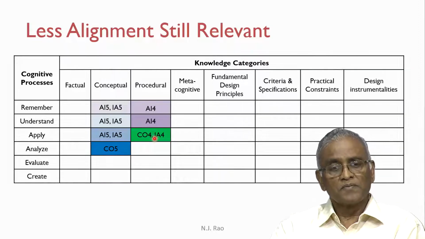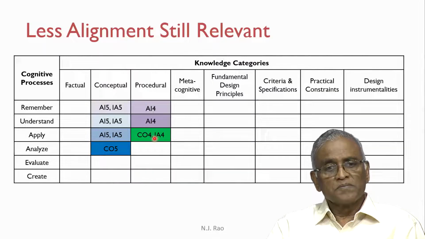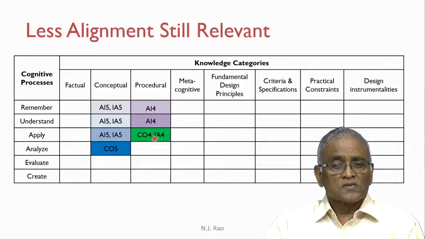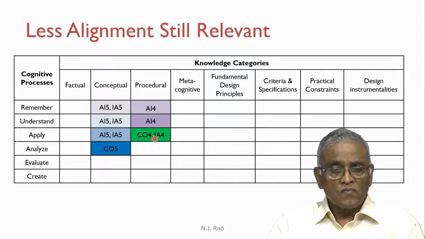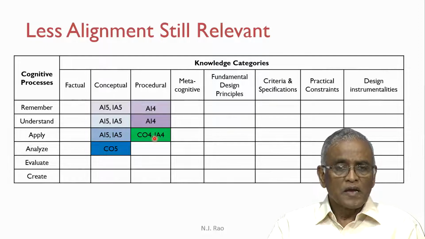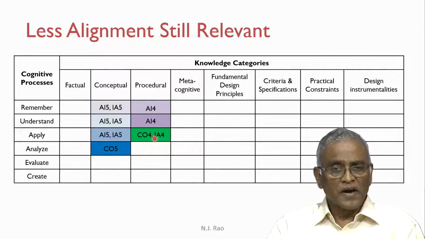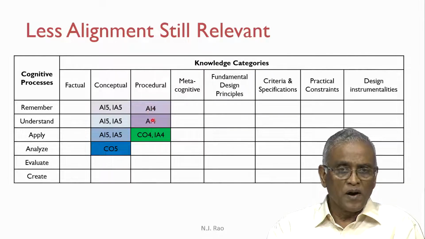For example, if my outcome is related to solving a certain type of problems or applying certain procedures, I should know what the procedure is and what the theory of that is, and I must remember some facts. So there is some scope for having test items here, but there is no excuse for not putting some of the AI4 in this cell.